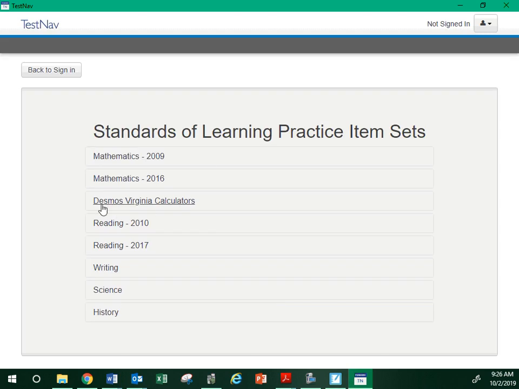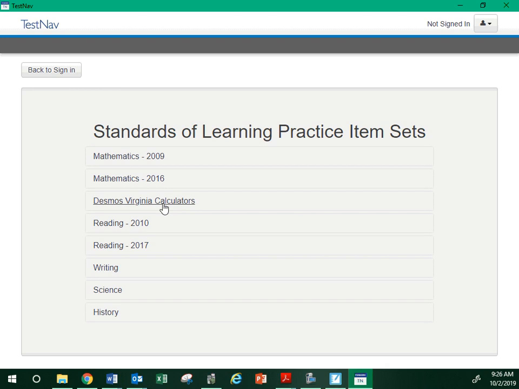Now, see it says Desmos Virginia Calculator. Desmos is an online calculator that allows you to do calculations, and you get to use this for the SOL. On the SOL, you can use the Desmos calculator.